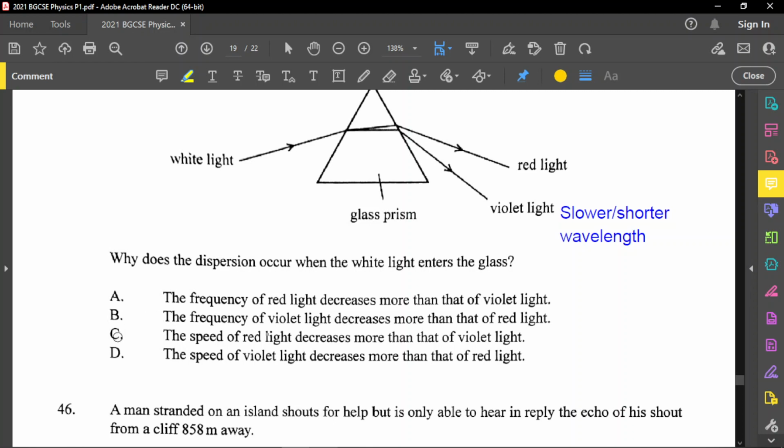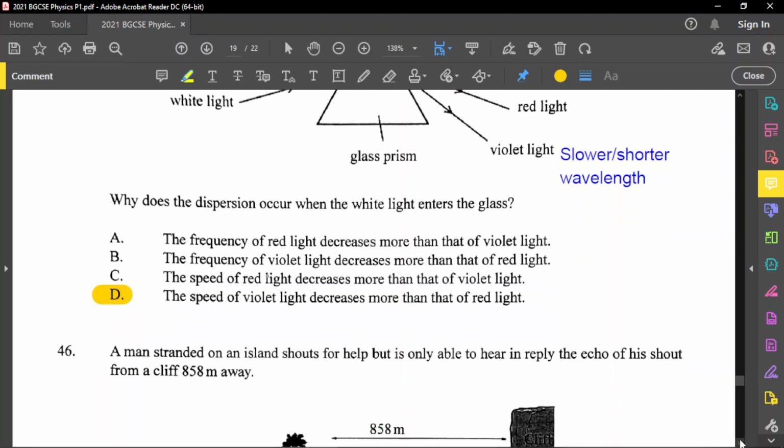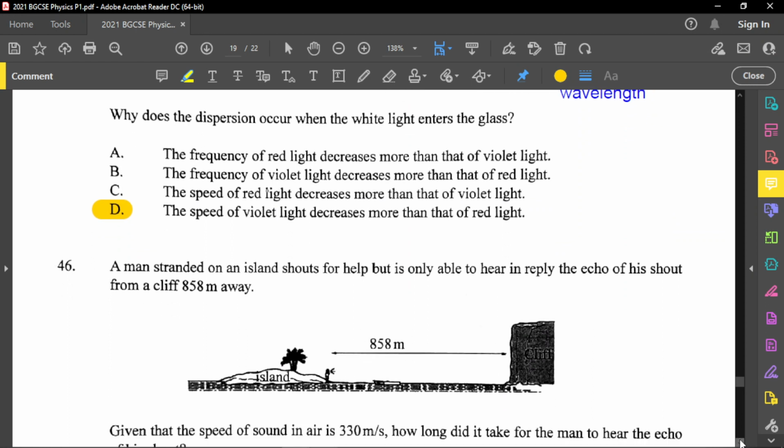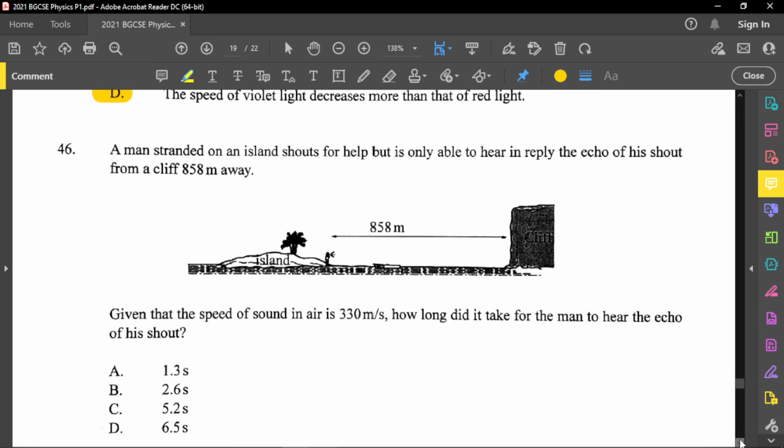Those are incorrect. So for C now, it said the speed of red light decreases more than that of violet. No, it's not true. The violet one is slower. So D said the speed of violet light decreases more than that of red. And that is actually true because, again, slower light will bend more, and they have shorter wavelength.